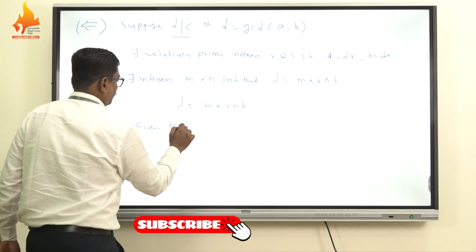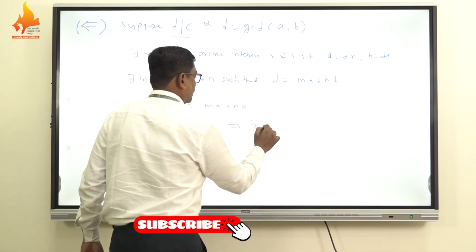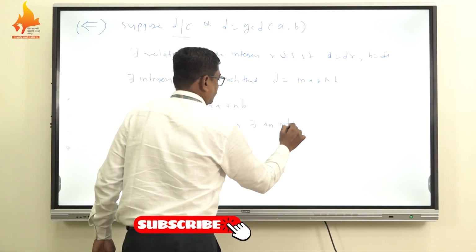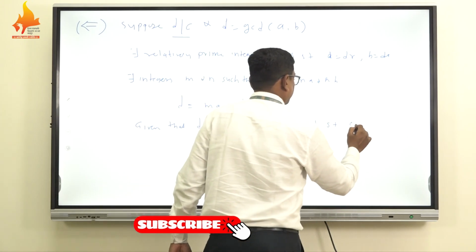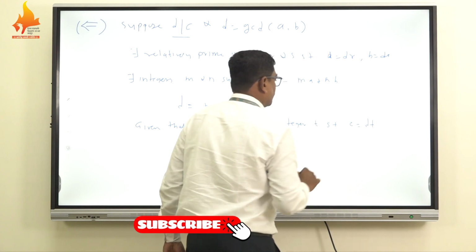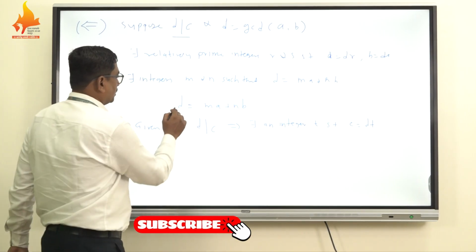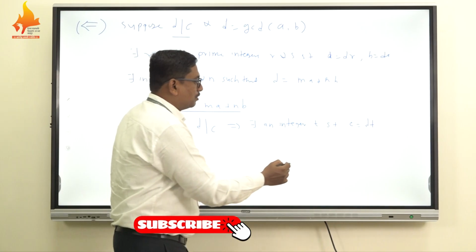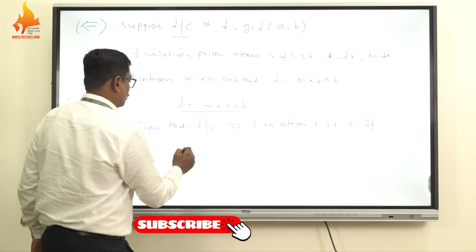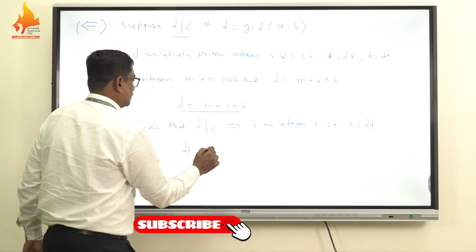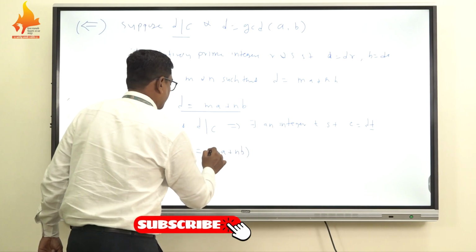Given that D divides C, it implies there exists an integer t such that C is Dt. So I multiply the same statement D equals mA plus nB by t on both sides, so that I can write Dt as C. So this Dt is (mA plus nB) multiplied by t.